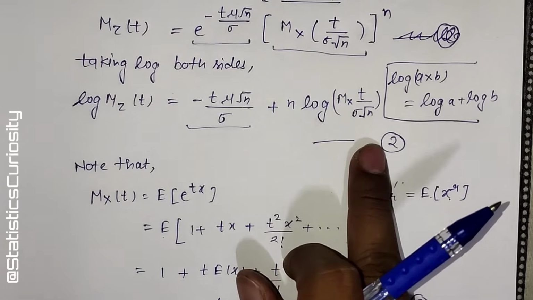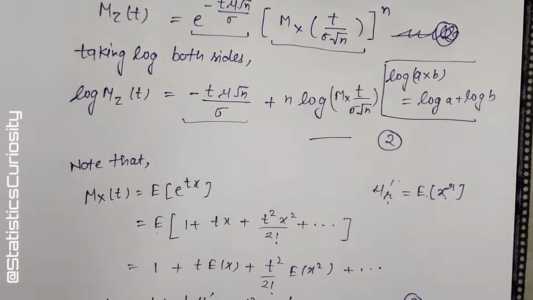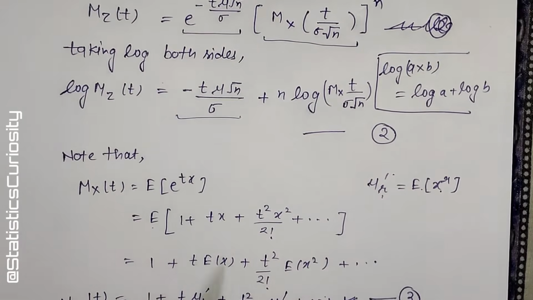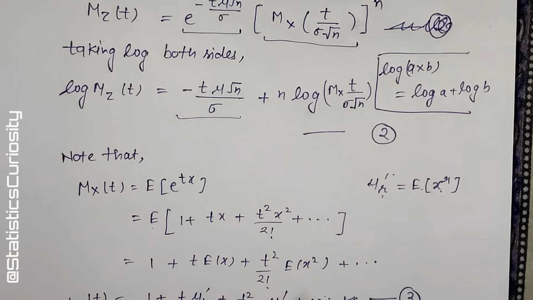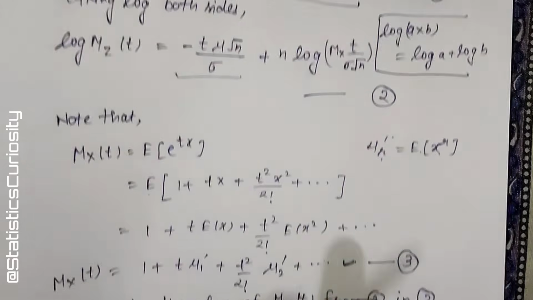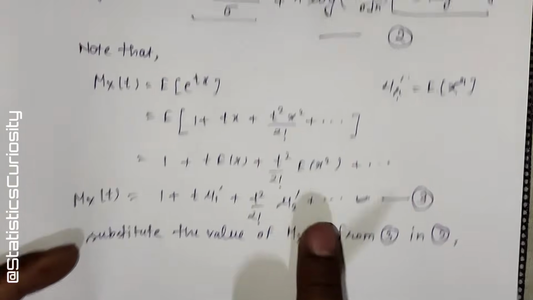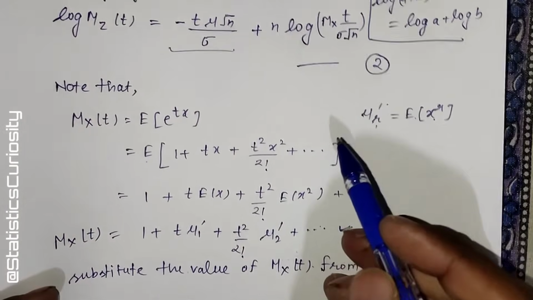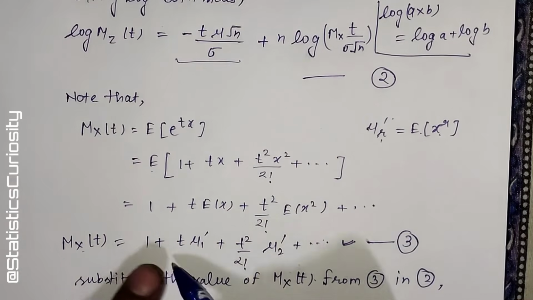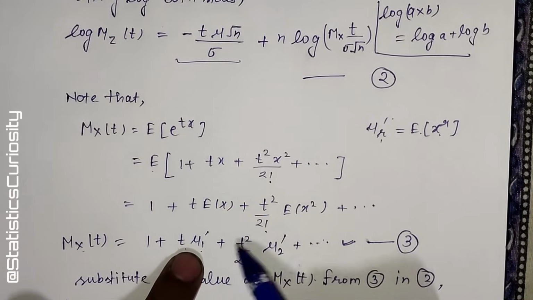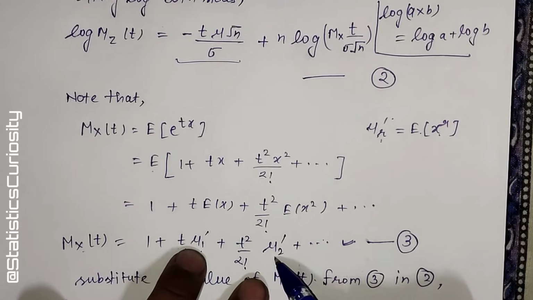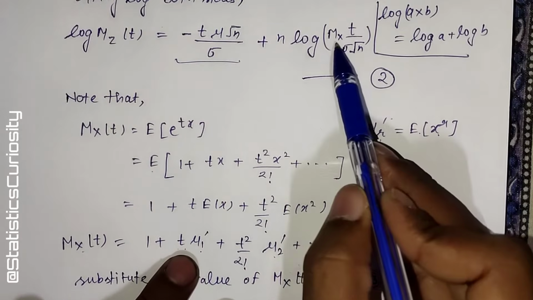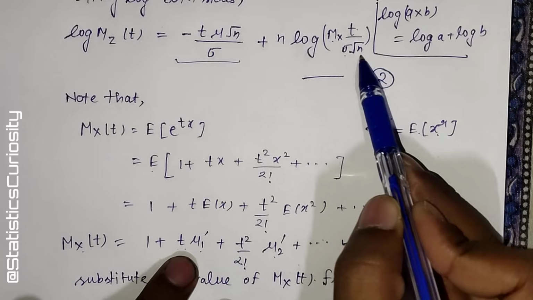I will substitute this value, 1 plus t mu 1 dash plus t square divided by 2 factorial mu 2 dash and so on, in this equation here. What is happening here is Mx(t divided by sigma under root n).